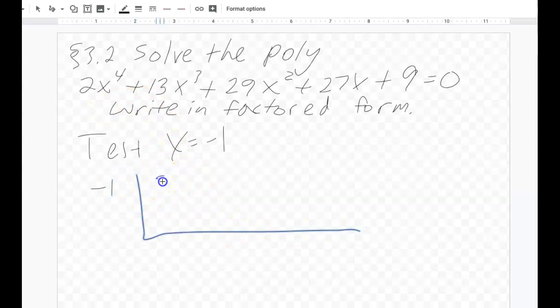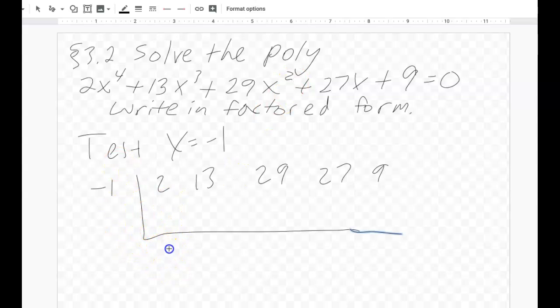We'll list the coefficients of our polynomial: 2, 13, 29, 27, and 9. And when you do synthetic division, make sure that you have each consecutive exponent in decreasing order. If we were missing one, the coefficient should have a 0 as a placeholder for that degree.